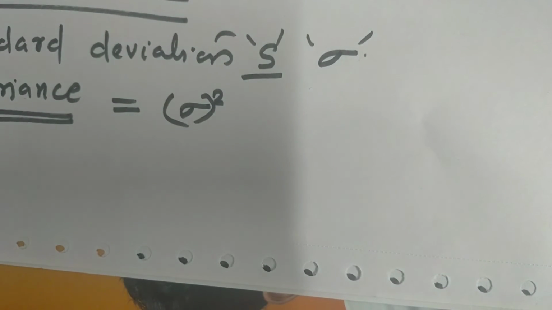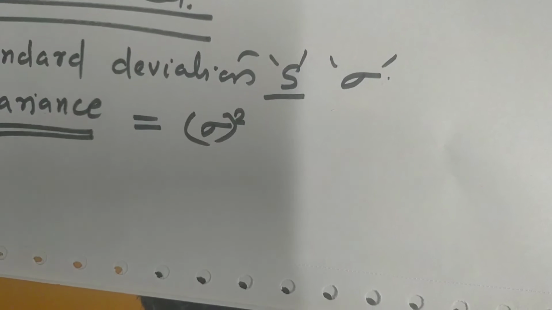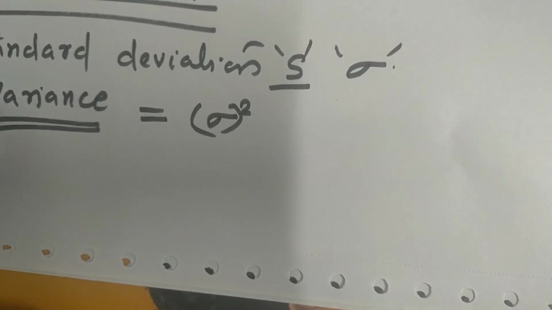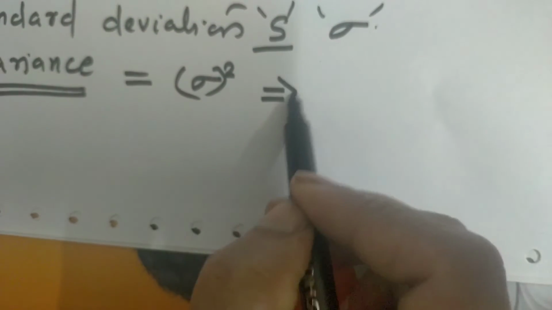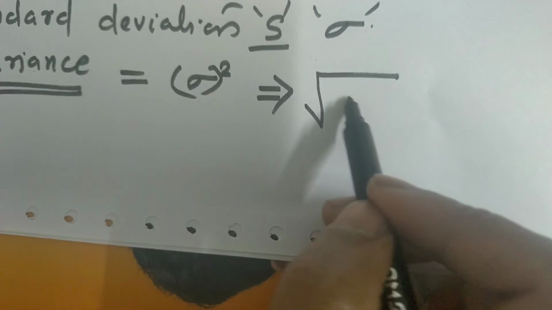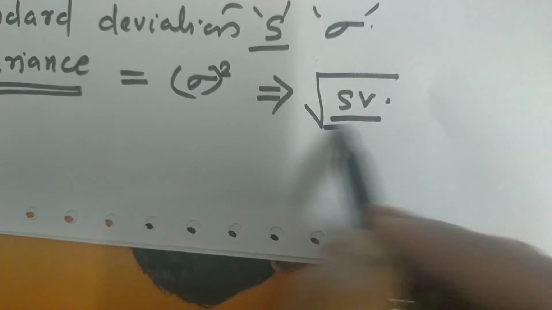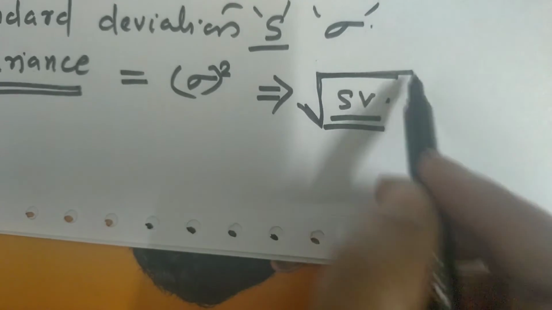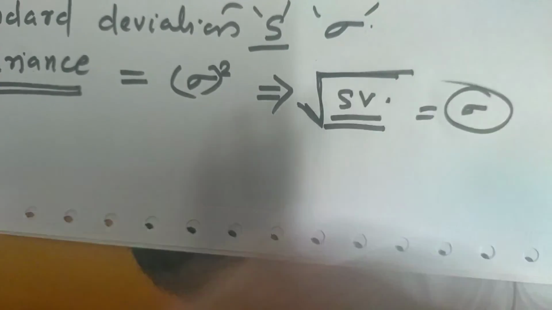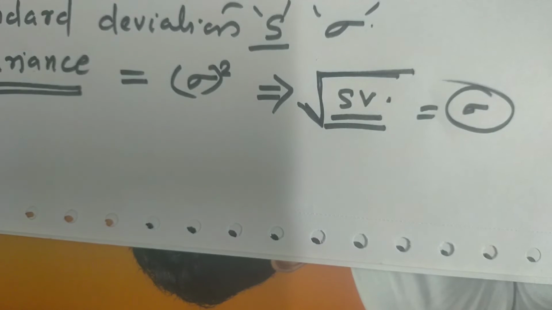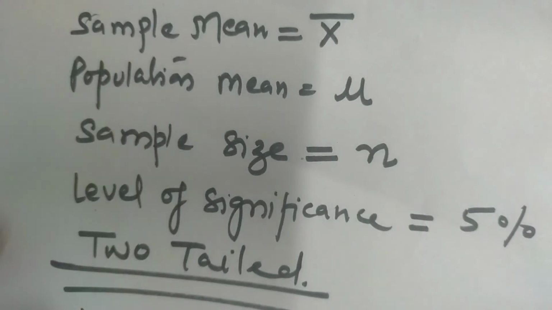If variance is given, you cannot directly put the variance value in the formula, so you have to convert it into standard deviation. Simply take the square root of the variance value, and then you will get the sigma value. So all these values will be given.